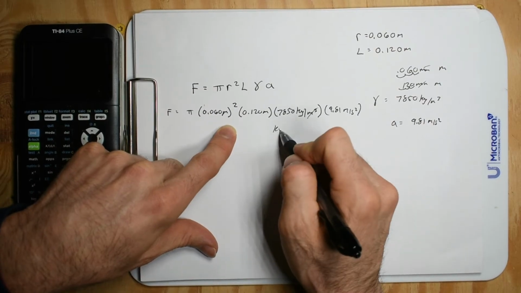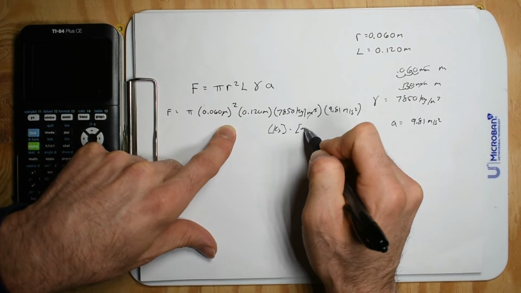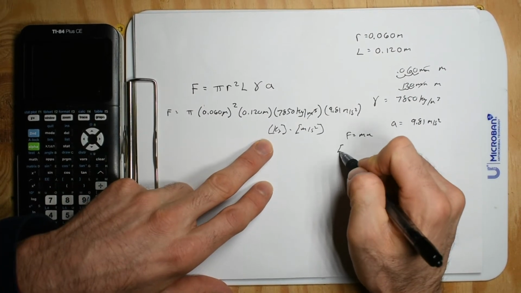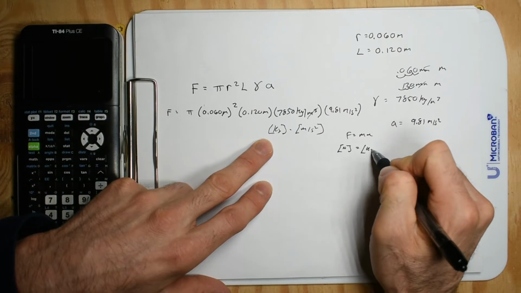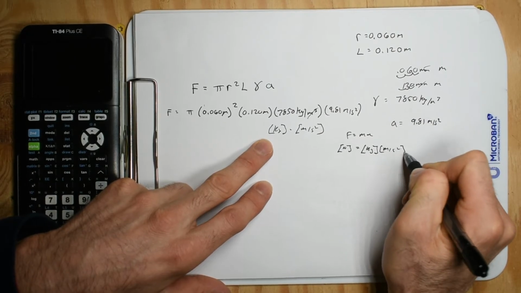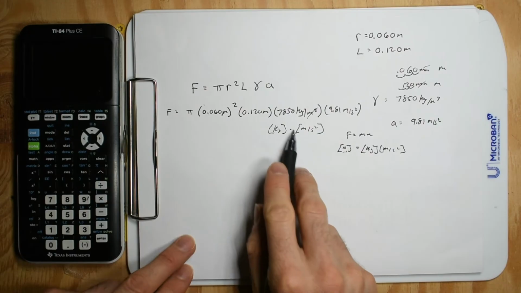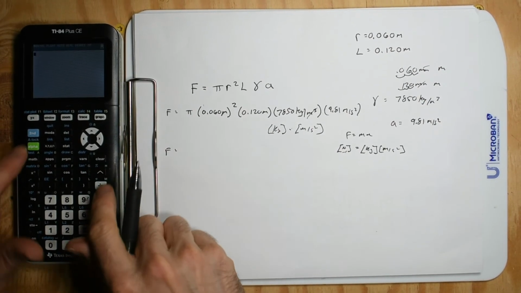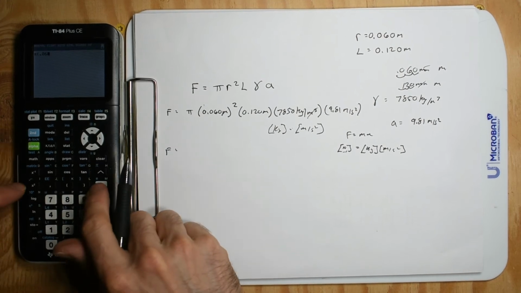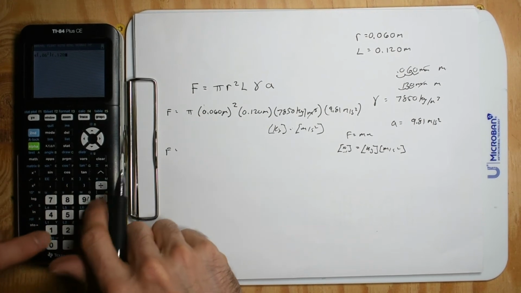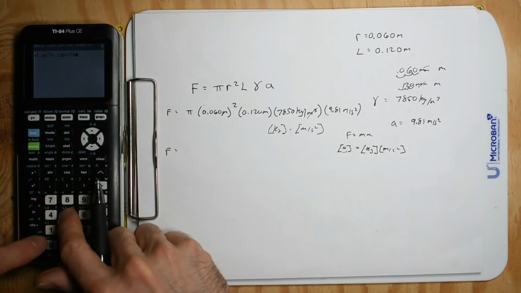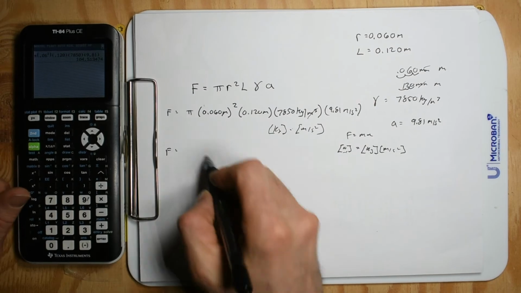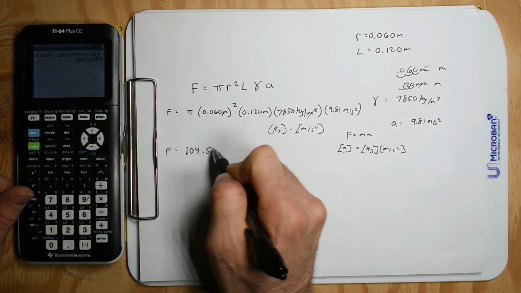We're going to have kilograms multiplied by meters per second squared, which we said was F equals ma. So this is really going to give us newtons, because that's kilograms meters per second squared. It's the definition of a newton. So let's do it. Pi times 0.06 squared times 0.12 times 7850 times 9.81. All right, so I think we're good to go there, and we get 104.5 newtons.